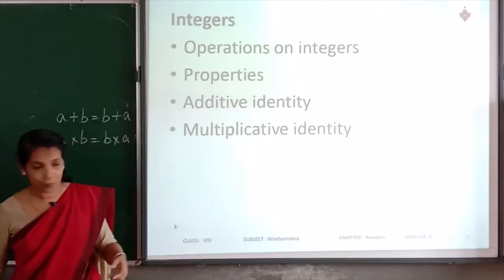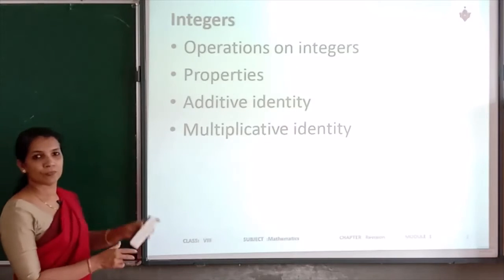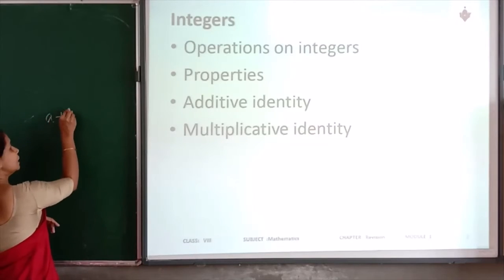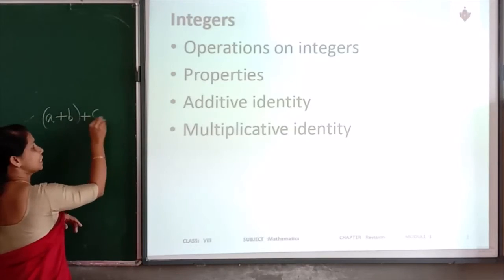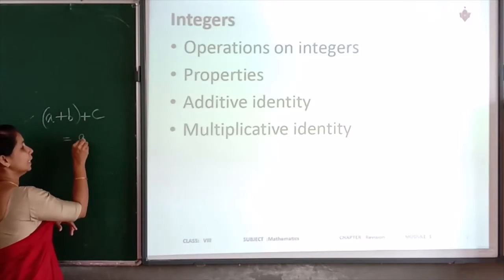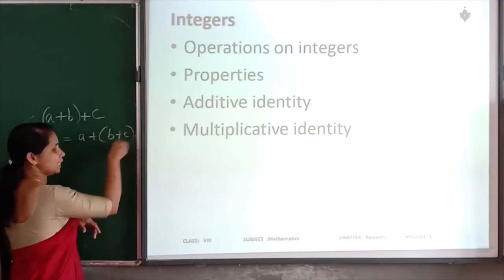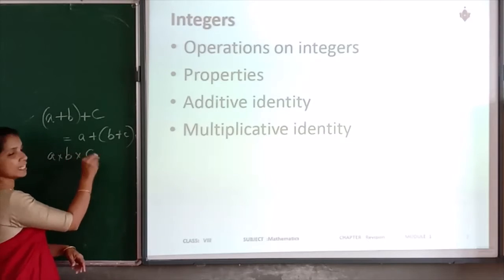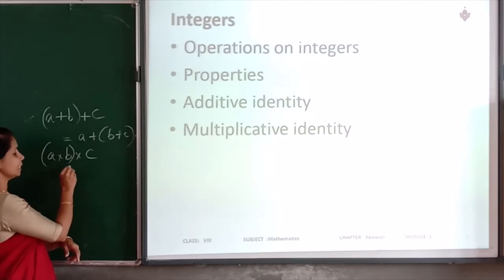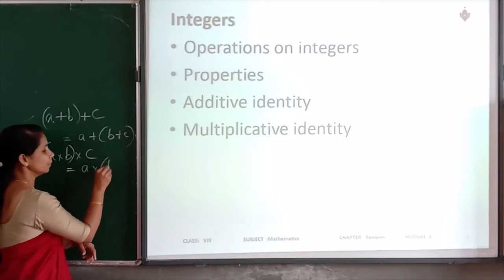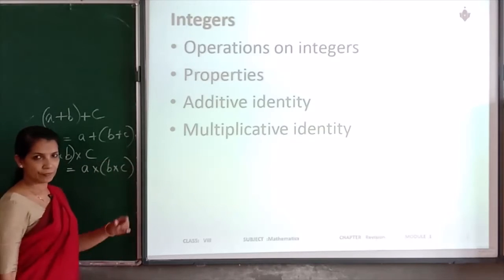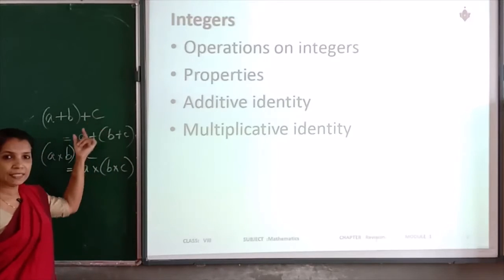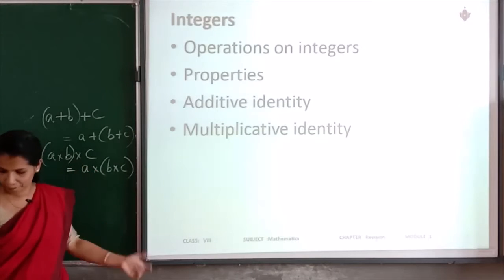So associative property also states that if a, b, c are 3 integers, (a plus b) plus c is equal to a plus (b plus c), and (a into b) into c, first two together, is equal to a into (b into c), last two. Associative property is satisfied in case of addition and multiplication only.